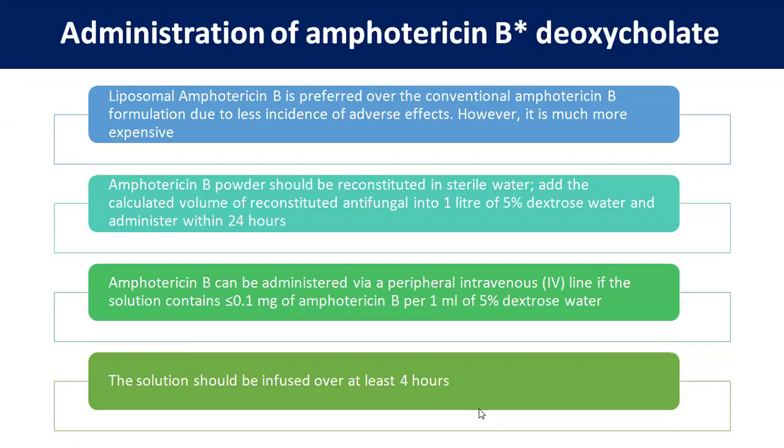After the amphotericin B, the peripheral IV line should be administered with solutions containing 5% dextrose water so that thrombophlebitis is avoided. This amphotericin B solution should be infused over 4 hours.